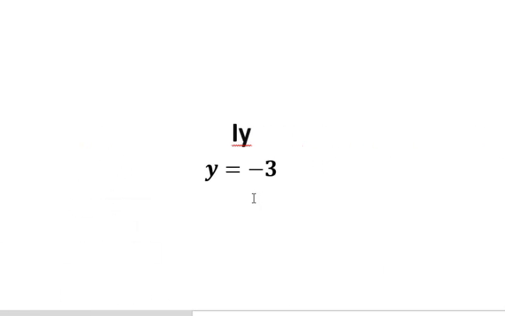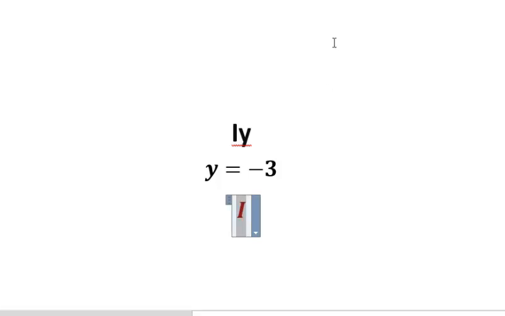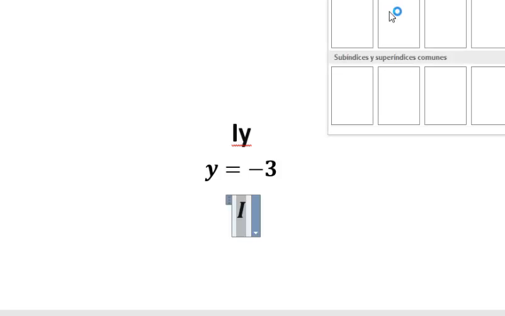Because I already know that the y I try to find is -3, I'm going to put the y-intercept here.